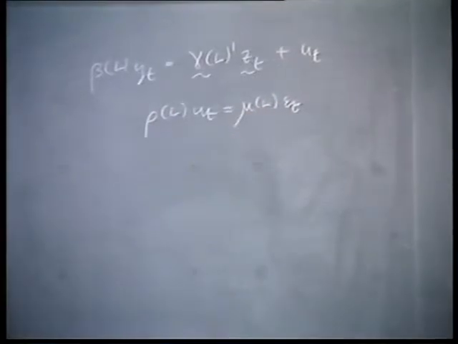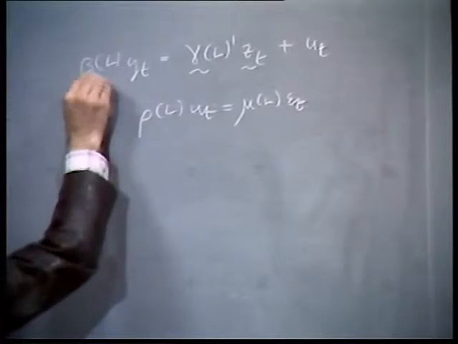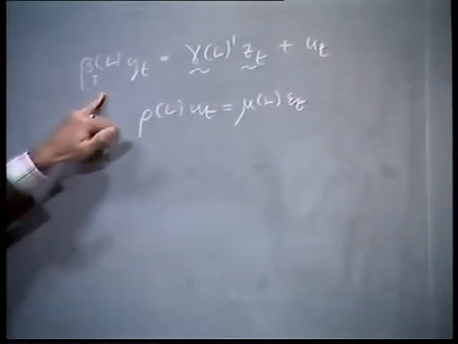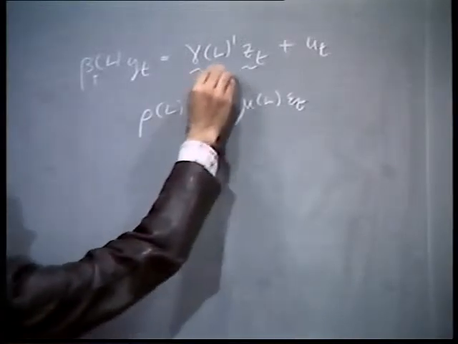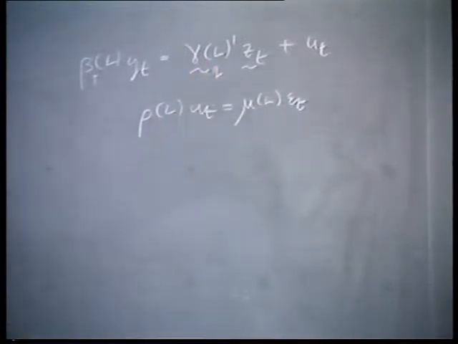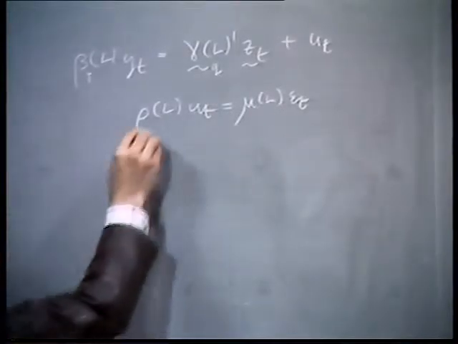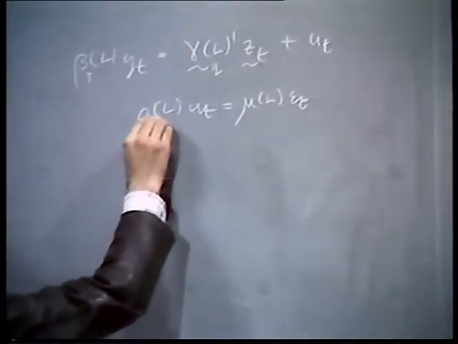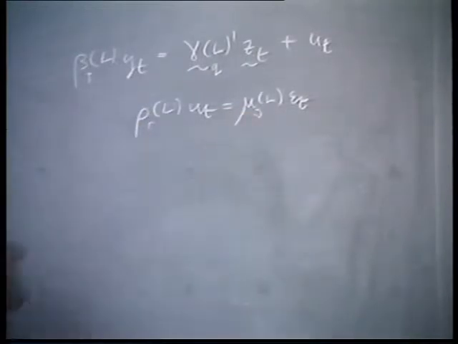When epsilon t is a white noise error process, the autoregressive polynomial beta of L is of order p. The polynomials in gamma of L are of maximal order q. The autoregressive error process is of order r, and the moving average component is of order nu.